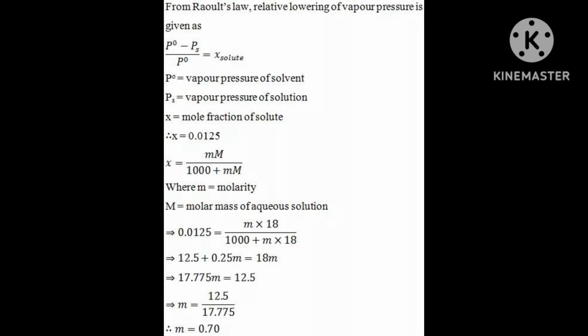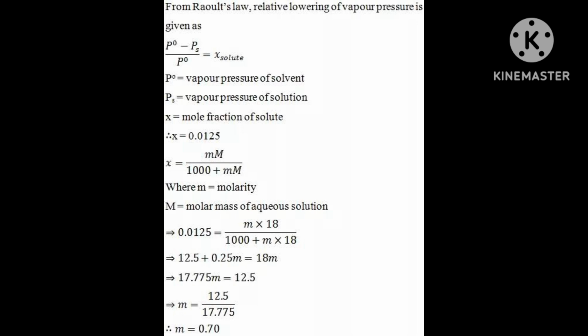Then you can do cross multiplication. First multiply all the things, and after the cross multiplication you will get the M2 value, the solute's molecular mass.